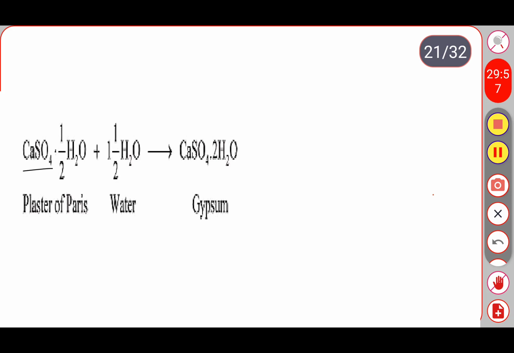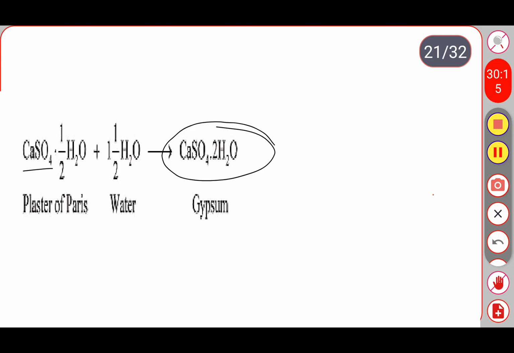The chemical formula of gypsum is CaSO4.2H2O. Okay, see some more exercise questions.